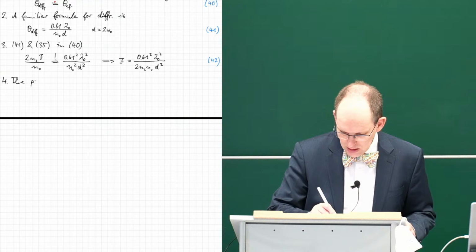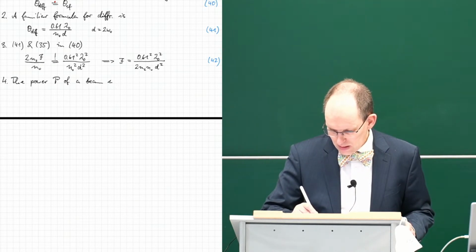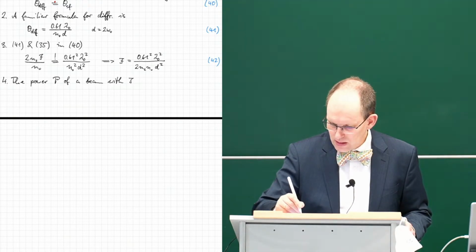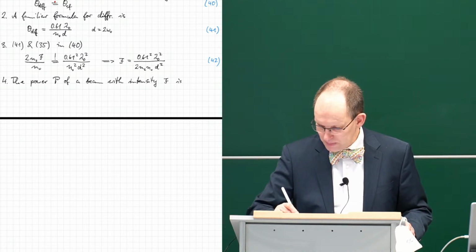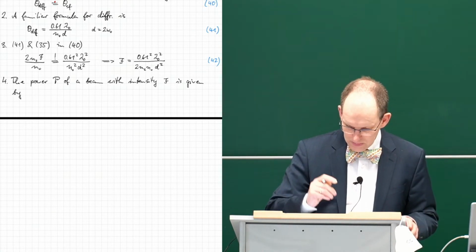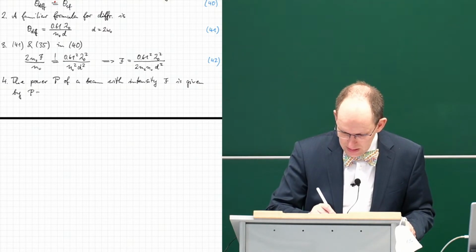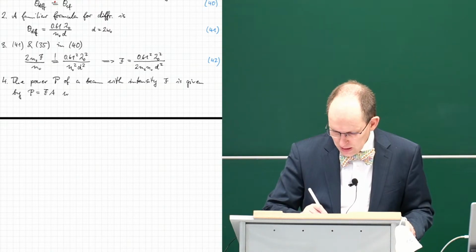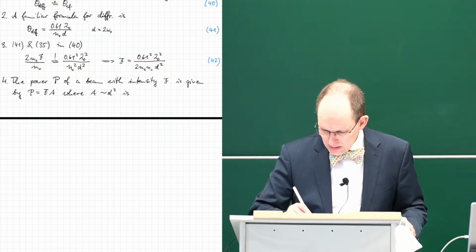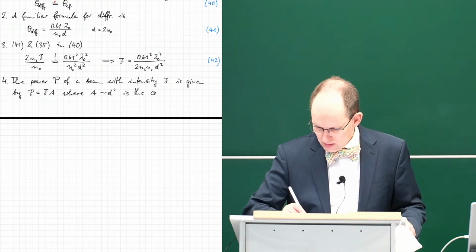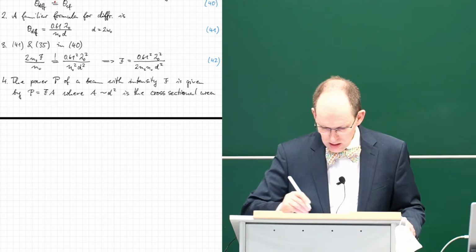So the power P of a beam with intensity I is given by P is equal to I times A, where A is proportional to D squared, is the cross-sectional area of the beam.